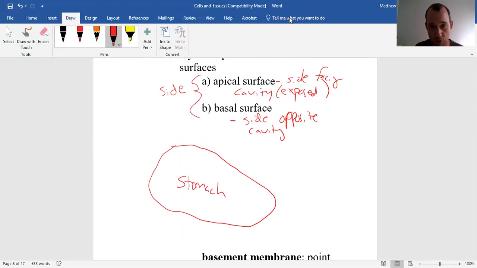I hope you recognize that your stomach, as I've just said, is a cavity. It would be made of cells. These may be epithelial cells. So this entire structure is made of epithelial cells. So here's what I mean. An apical side faces the cavity. So this is the apical side. This would be the basal side, the side opposite the cavity, versus the side facing the cavity. In other words, it's exposed.